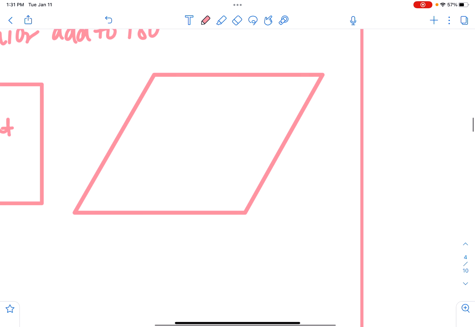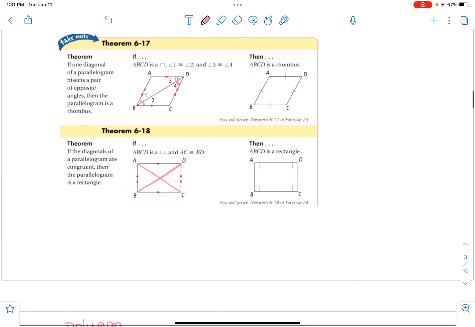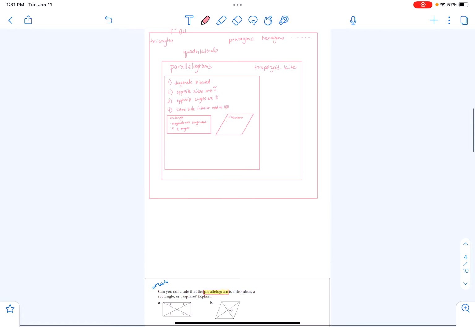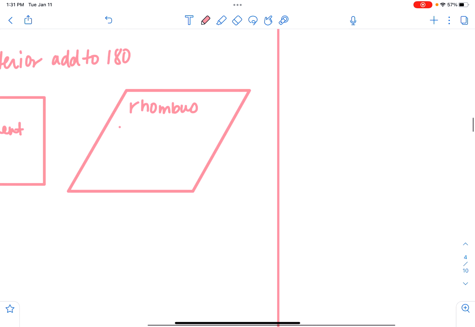And then a rhombus, this one says that opposite angles are bisected. So opposite angles bisect.